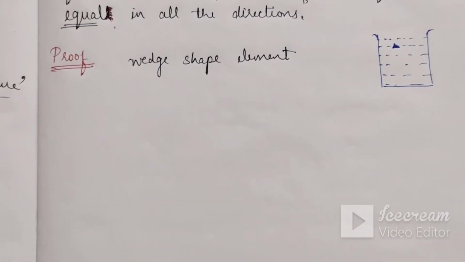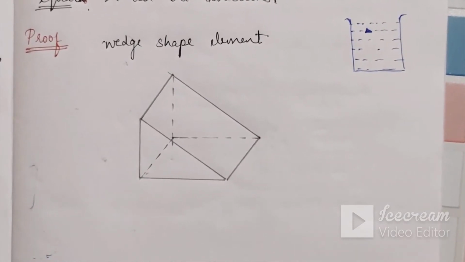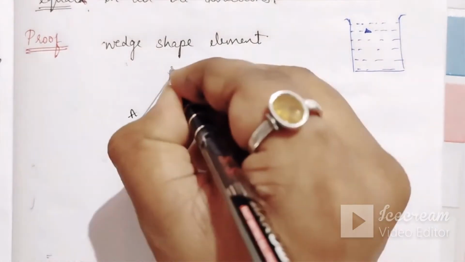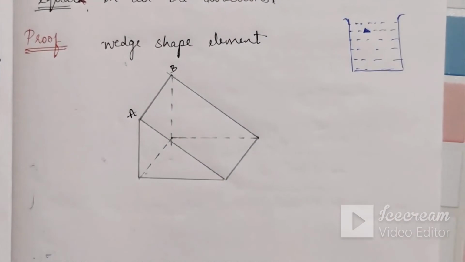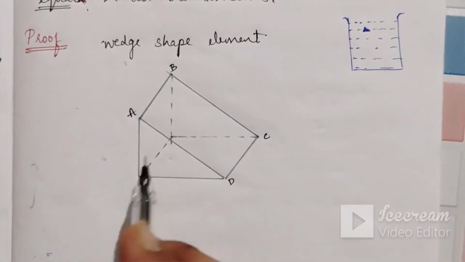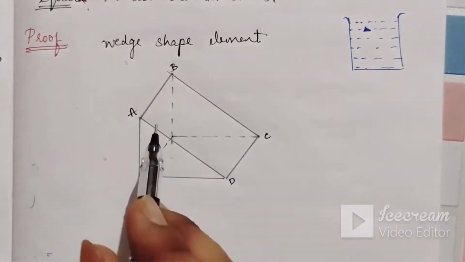I'll draw a neat diagram and let you know. So I tried to draw the wedge in 3D. Let us name the vertices: A, B, C and D. This is the first face.